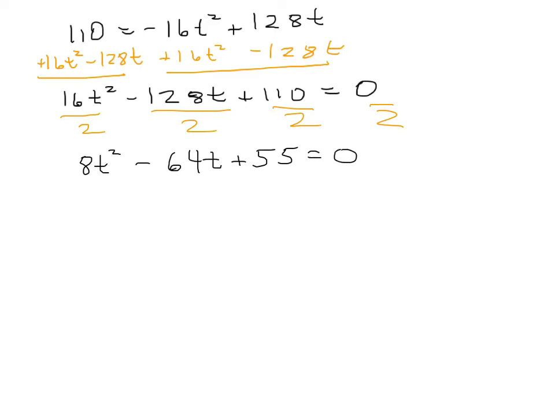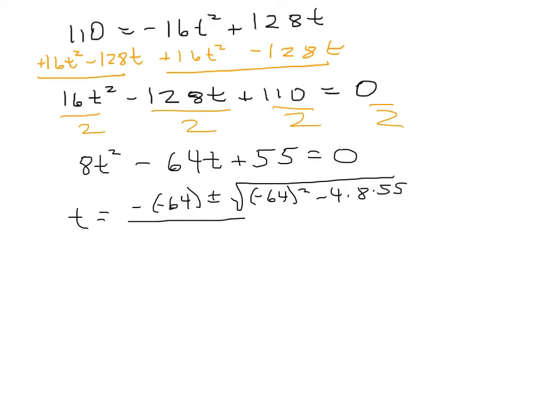Now I'm going to apply the quadratic formula to find t, which is negative b, which is negative 64, plus or minus the square root of b squared minus 4ac, all of that over 2a.